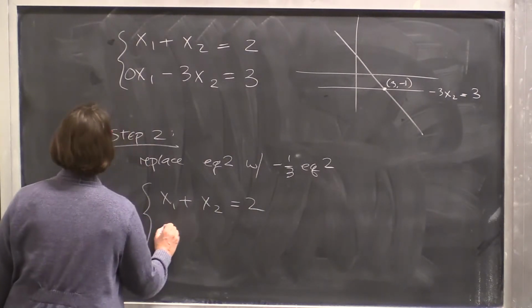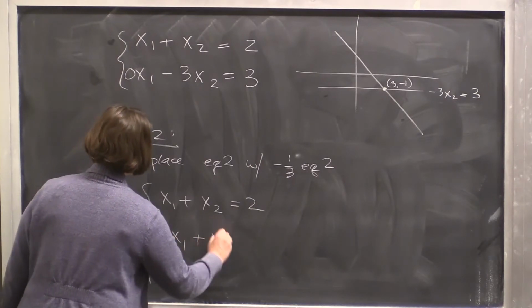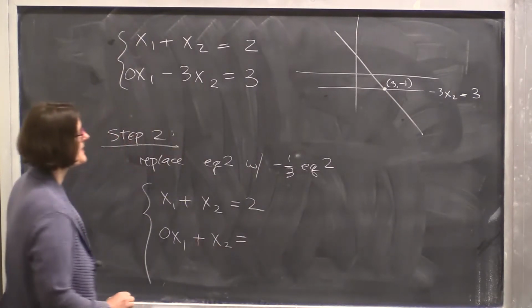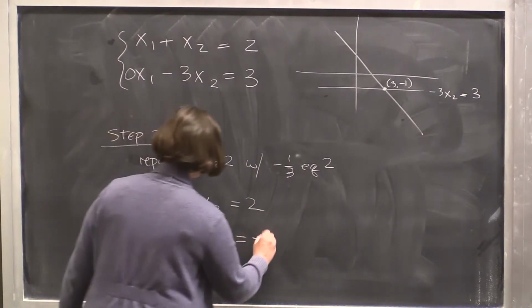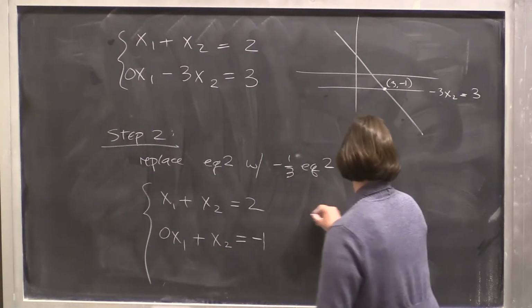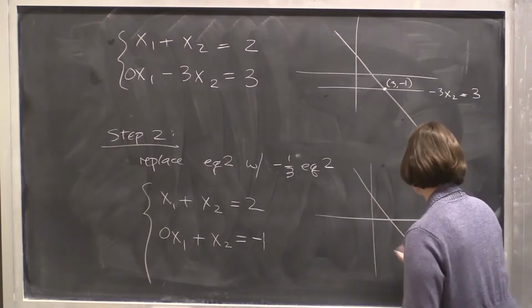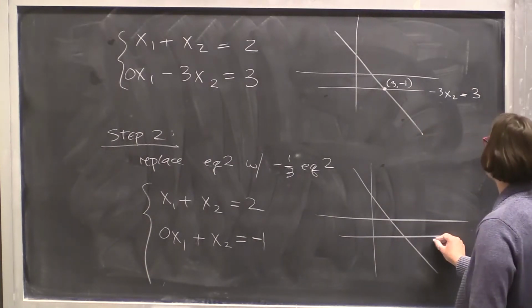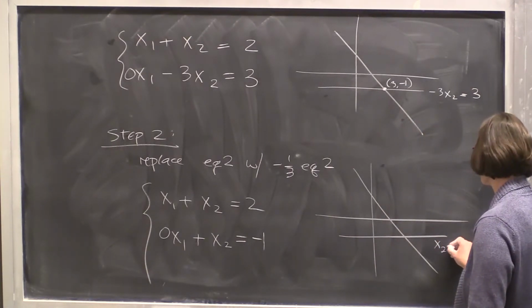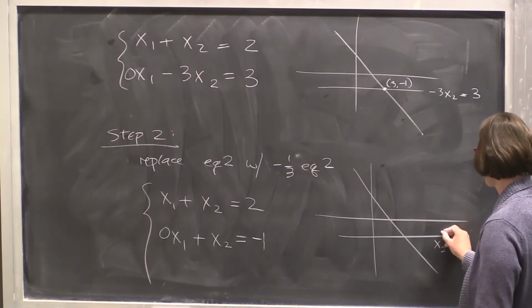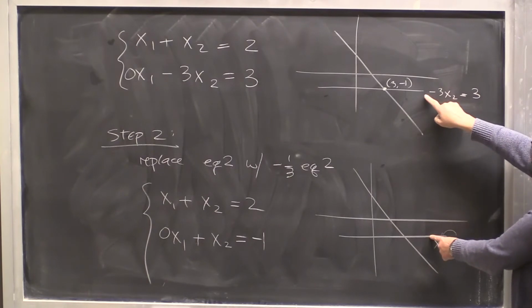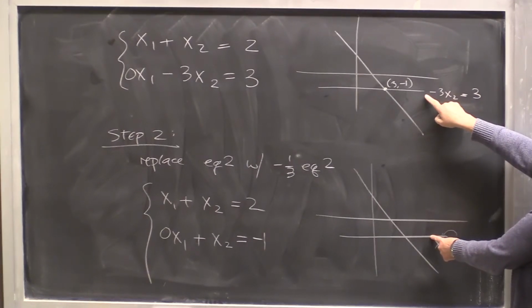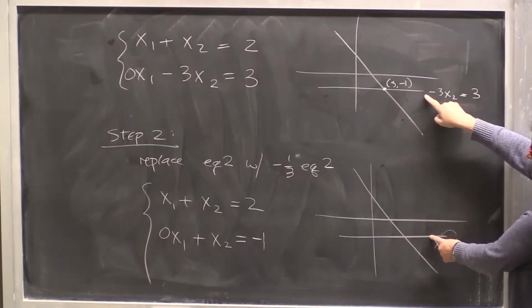So that gives me 0x1 plus x2 equals what? Minus 1. Here's the picture from high school. This is all points that satisfy x2 equals minus 1. Are these lines the same? No. Yes. Because if you have an equation and you multiply it by anything other than 0, you haven't changed the solutions of the equation.